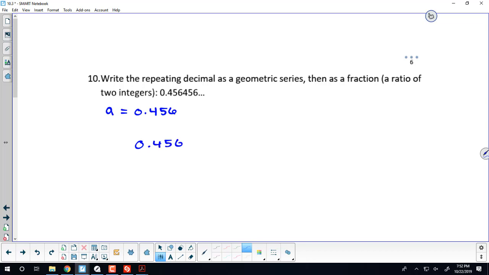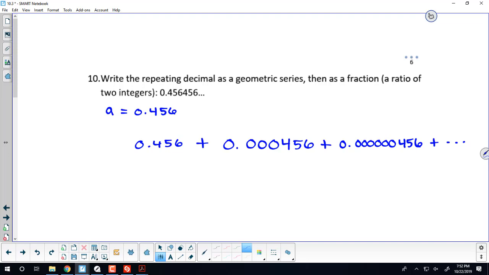Let me just write it out. We have to take this plus 0.000456, right, plus, put all this in here. So if we expand it out and look at it as a sum, that way we can look at it as a geometric series.